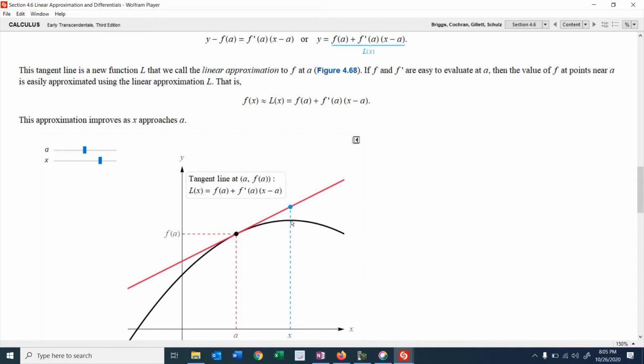Notice that L of x is close to f of x as long as you don't go too far away from a. As long as this x value is close to a, then L of x, which is right here, is approximately the same as f of x, which is right there. Okay, so f of x is approximately L of x, and that's our linear approximation for the function.